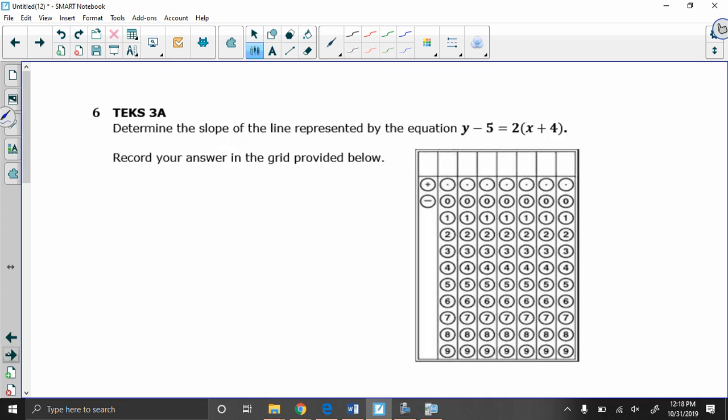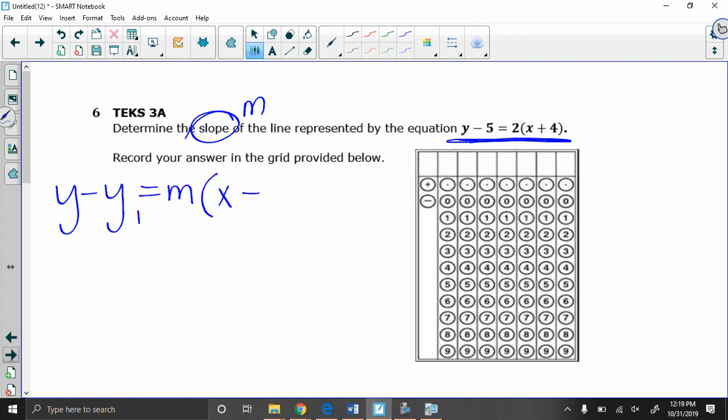Number 6 is asking us to determine the slope of the line represented by the equation, record our answer on the grid provided. So slope is represented by the variable m. And if I was to compare this equation to one of those on the STAR formula sheets, the equation is y minus y1 equals m times x minus x1.